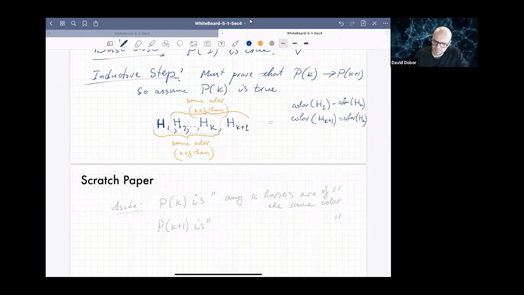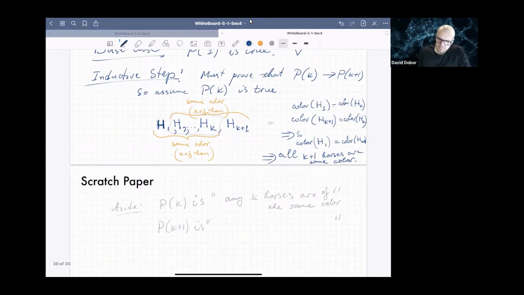So the color of H1 equals the color of H of k plus 1. So all k plus 1 horses are of the same color. I've just proven that all k plus 1 horses are of the same color.